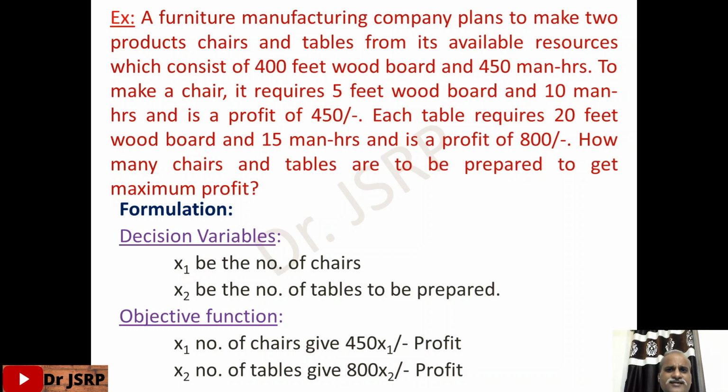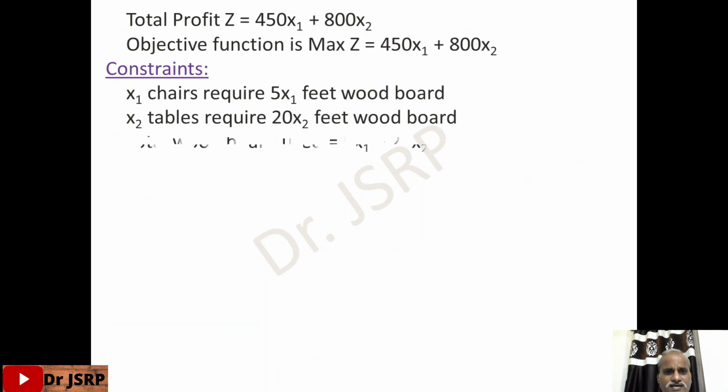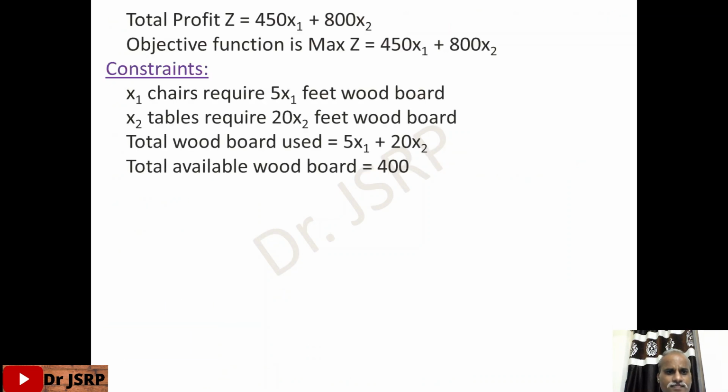The manufacturer can avail a maximum of 400 feet wood board. So we get a less than or equal type relation. So 5x1 plus 20x2 is less than or equal to 400. This is the constraint corresponding to the first raw material, that is wood board.